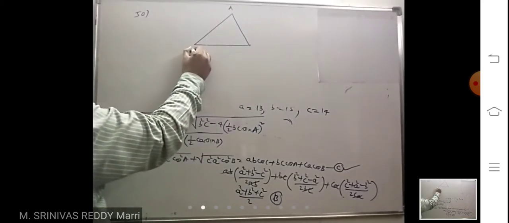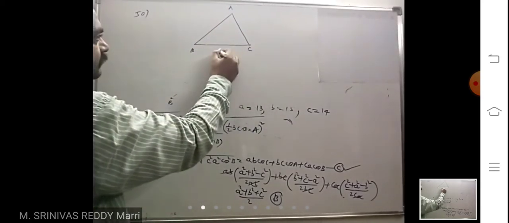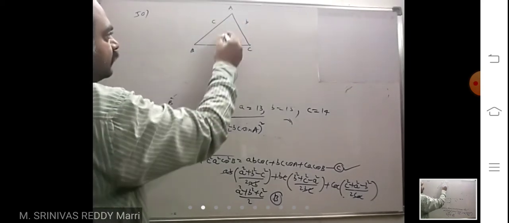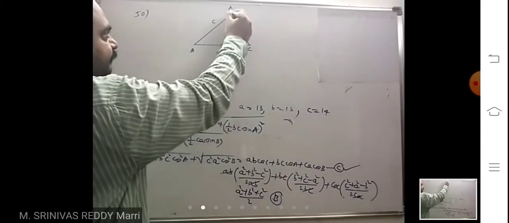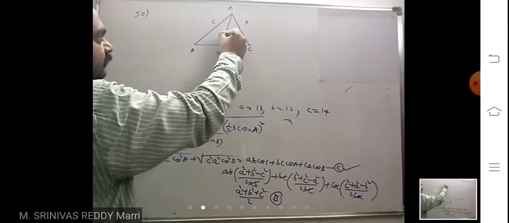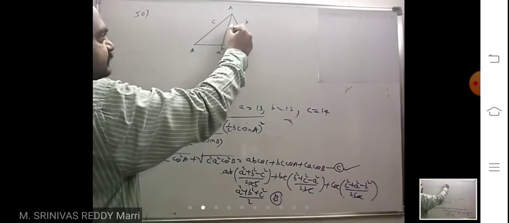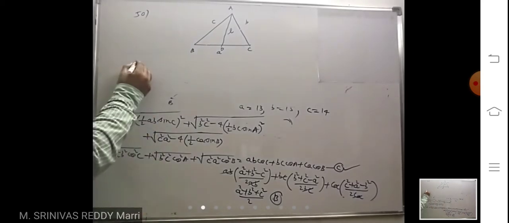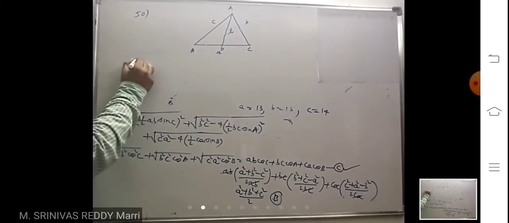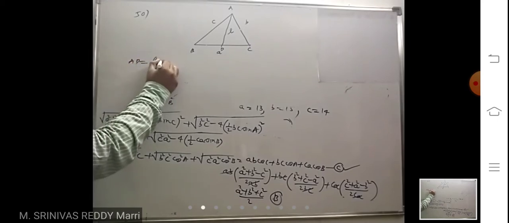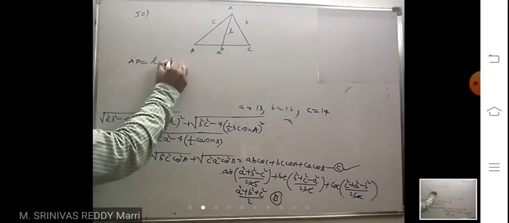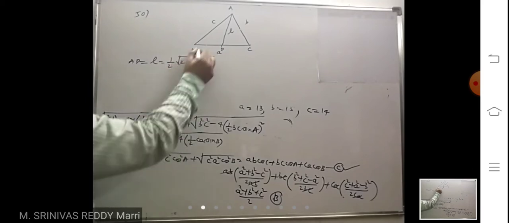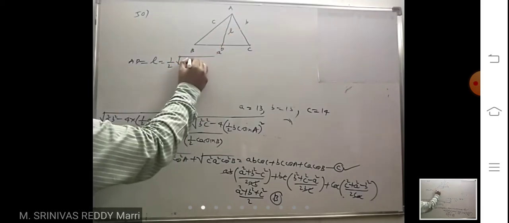This is A, this is B, this is C. Now AD is the median, and this length is given as L. We know the formula: L equals 1 by 2 into root of 2 into B square plus C square. This formula you know.